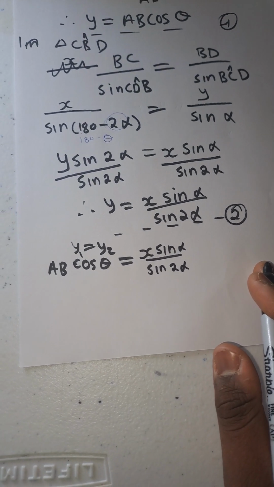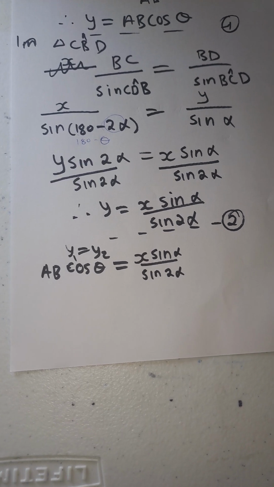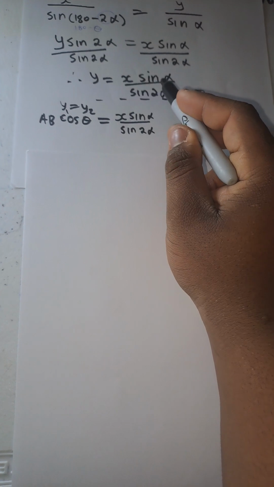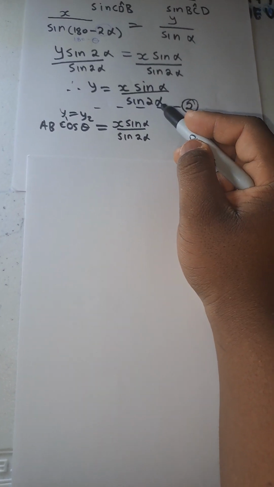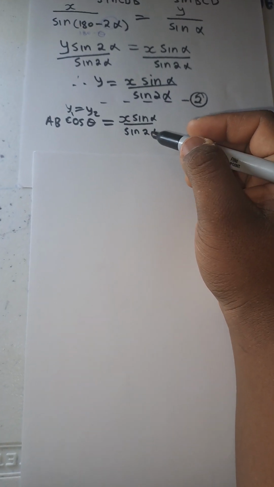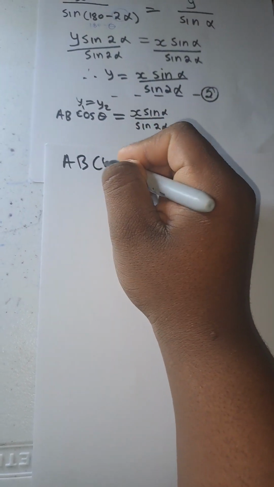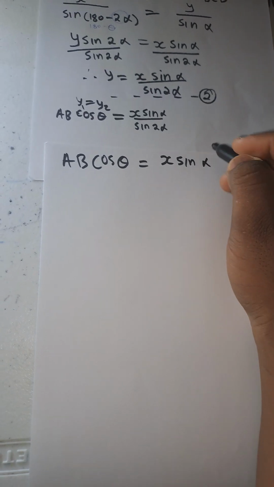Is it fine now? I forgot to do something, but I can even do it now. I was supposed to convert this, because this was already an identity. But even if I simplify it there, it is going to be fine. So AB cos theta is equal to X sine alpha.